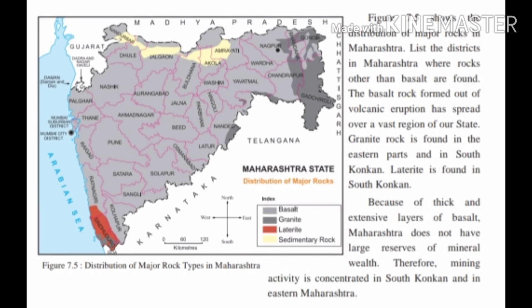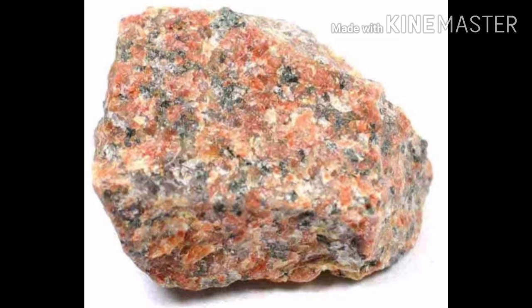Figure 7.5 shows the distribution of major rocks in Maharashtra. List the districts in Maharashtra where rocks other than basalt are found. The basalt rock formed out of volcanic eruption has spread over a vast region of our state. Granite rock is found in the eastern parts and in the South Konkan.